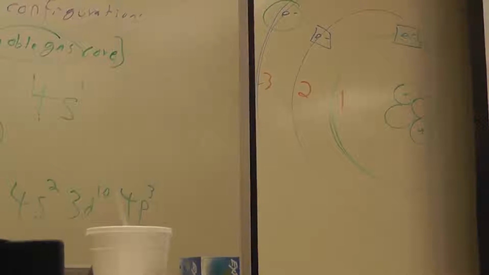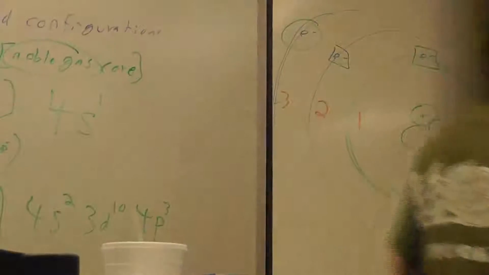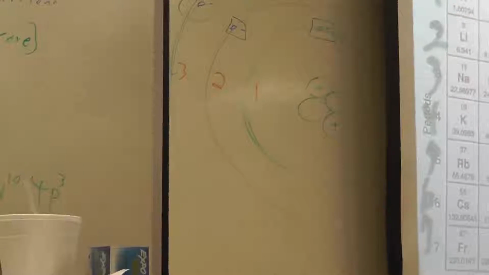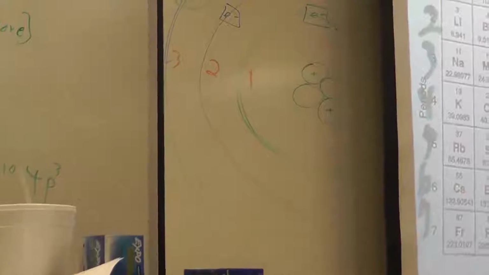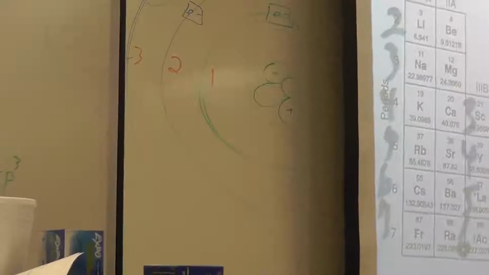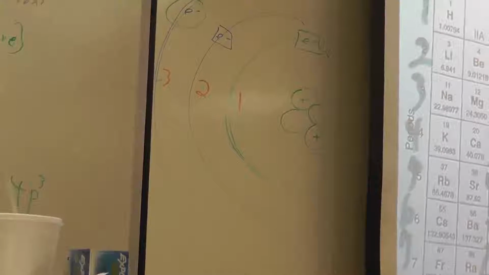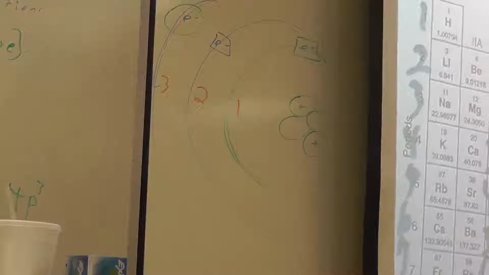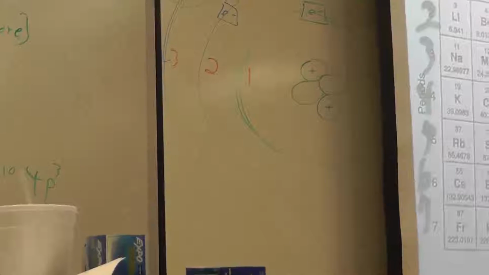Now we're ready for uranium. Find uranium on the periodic table and count backwards by atomic number until you find a noble gas. 92 electrons to be accounted for. Backwards, who's your noble gas?